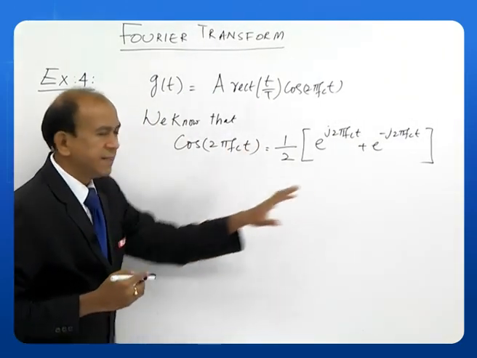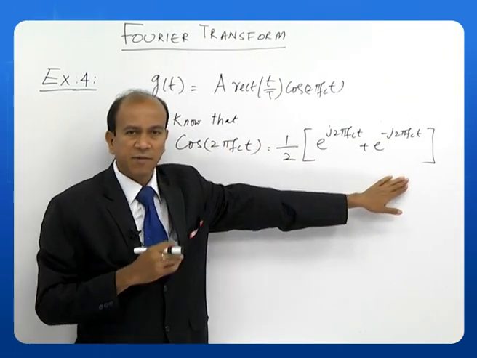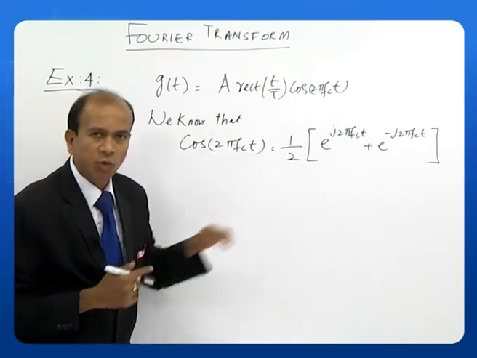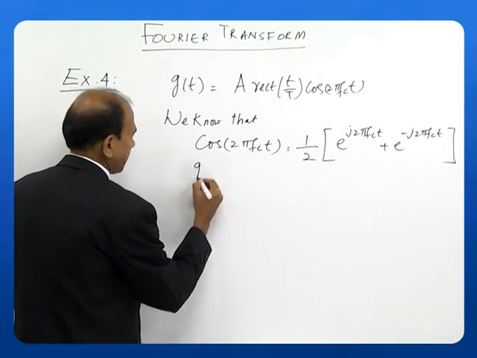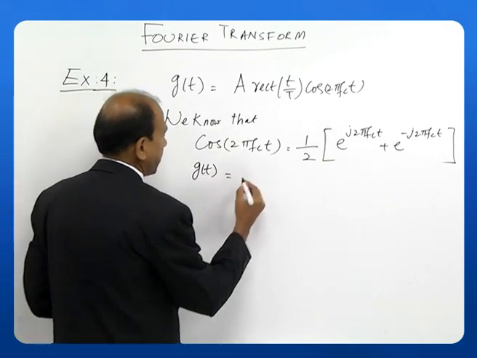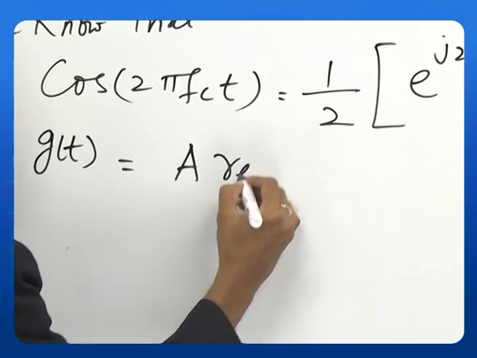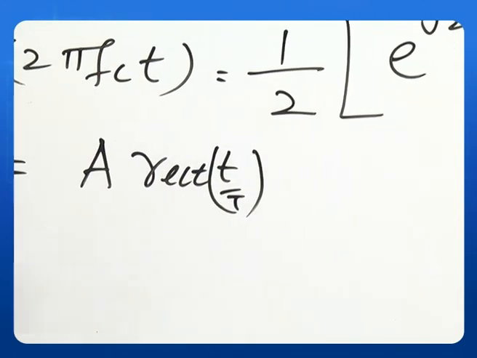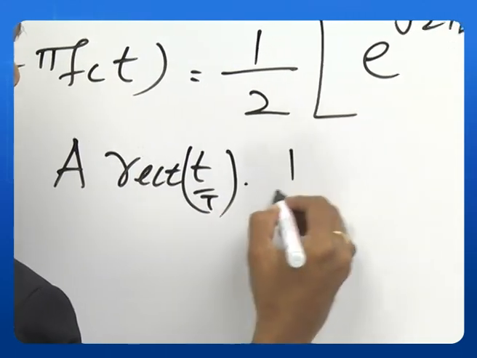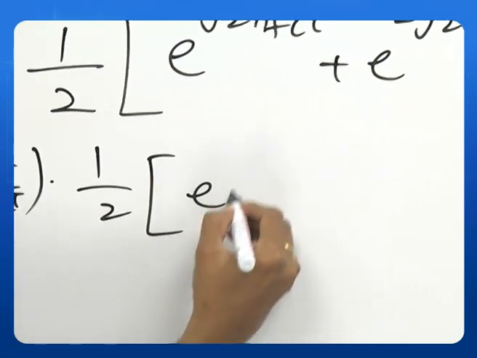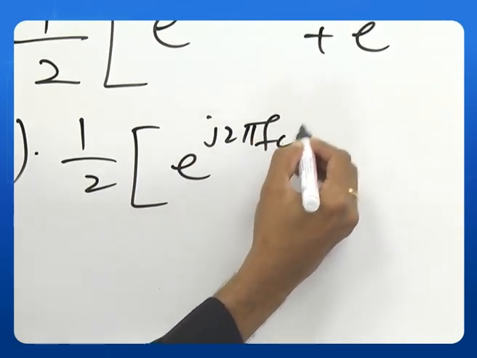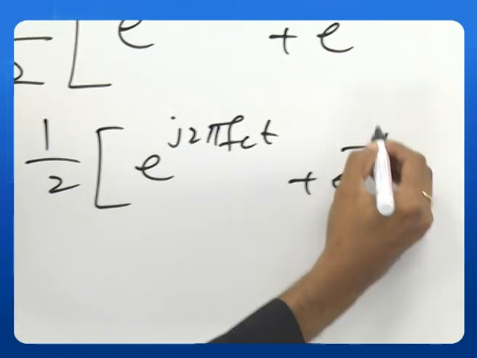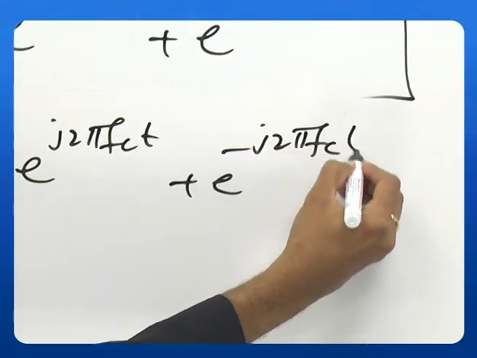This is the equivalent of the cosine function. Now, if we put these two together, g of t will be equal to A rect of t by T into 1 by 2 of e to the power of j2 pi f c t plus e to the power of minus j2 pi f c t.